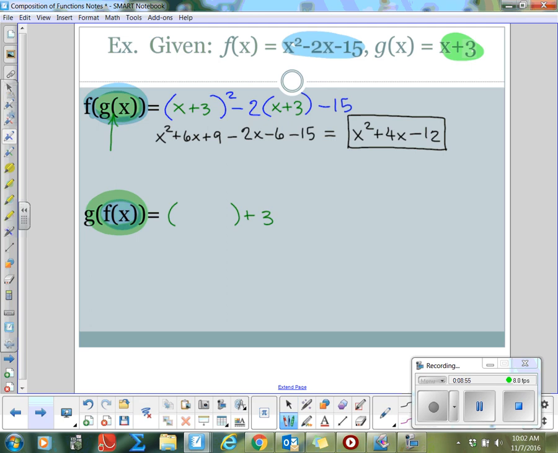The input is the f of x function. A little bit easier algebra here. We just combine like terms. And although these two composite functions have some similarities, they are not equal.